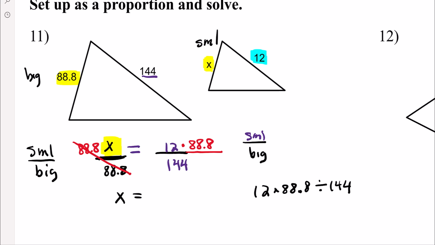And when you do that, the result is 7.4. But because this is a side length, you should always put a unit of measure. And if they don't give you one, you just put the abbreviation for units.